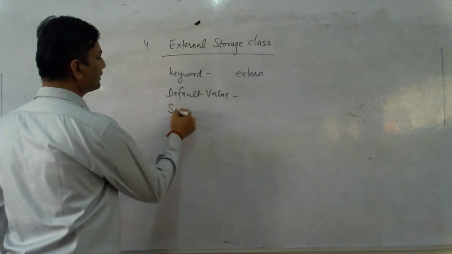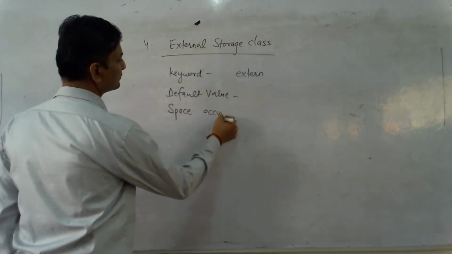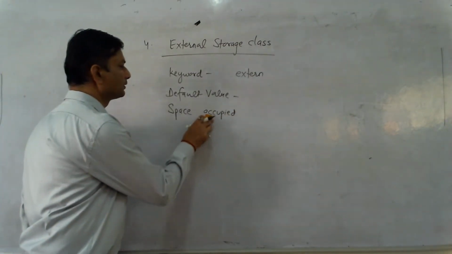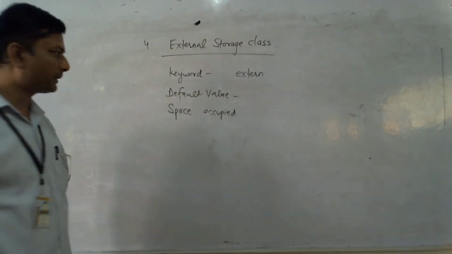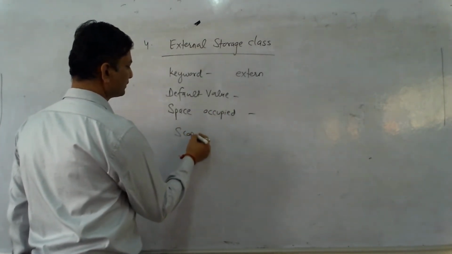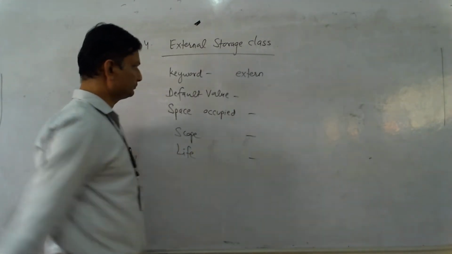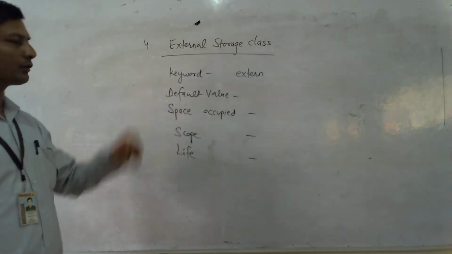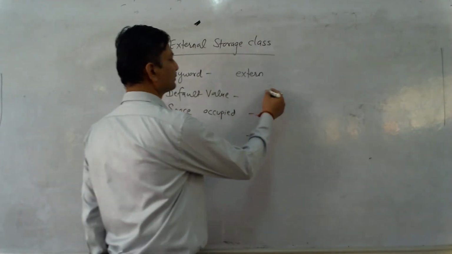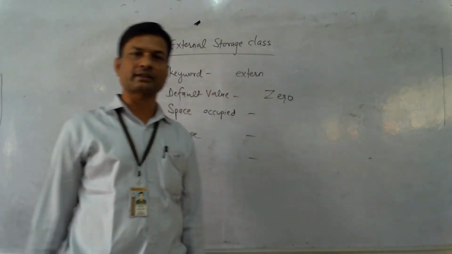Where the variable will occupy space? Space occupied, scope and life. Default value of variable belonging to external storage class is 0. Similar to the variable belonging to static storage class.